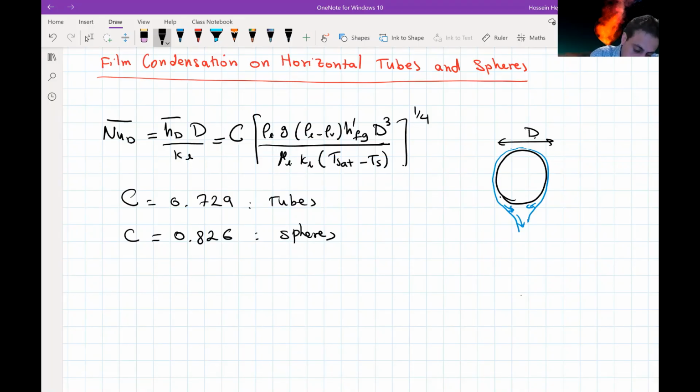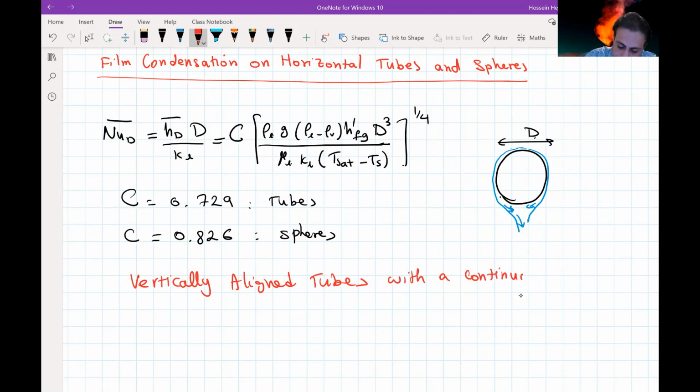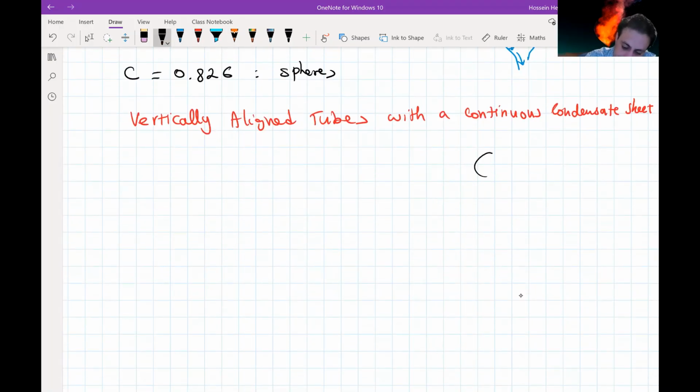So if we have vertically aligned tubes with a continuous condensate sheet, what I mean is, let's say we have these tubes, and the condensers can have multiple of them, many on the vertical and on the horizontal that the vapor is getting exposed to.